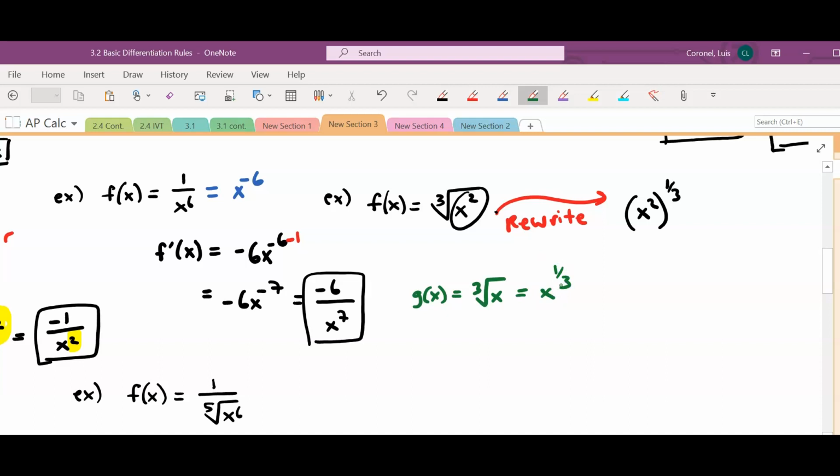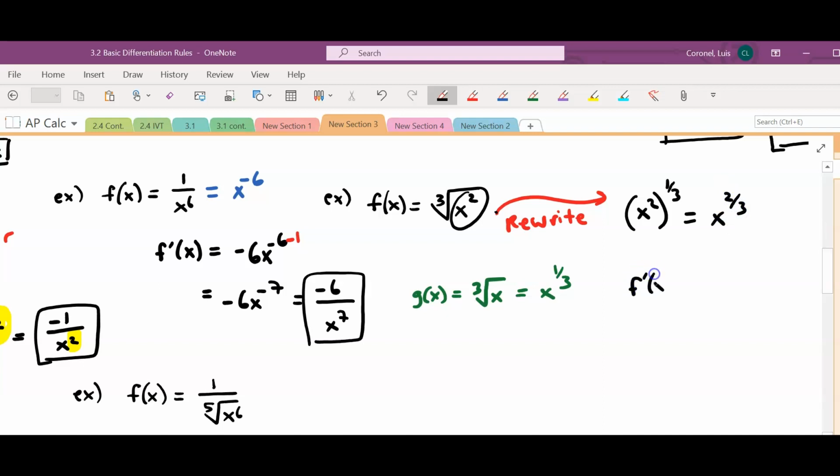So I rewrote the cube root, and now I have two exponents. So using my properties of exponents, I could just multiply those out, and I get x to the 2/3. So that's my power. My function is x to the 2/3.